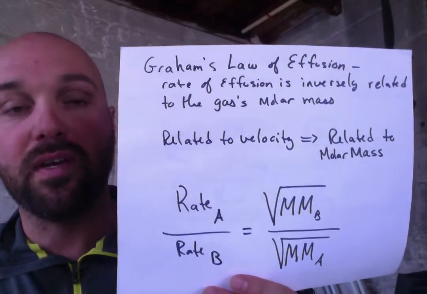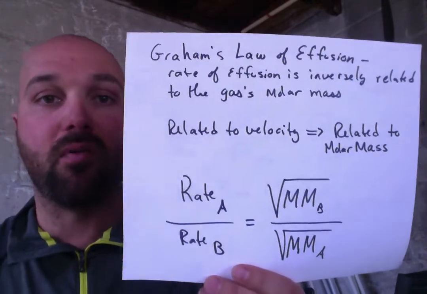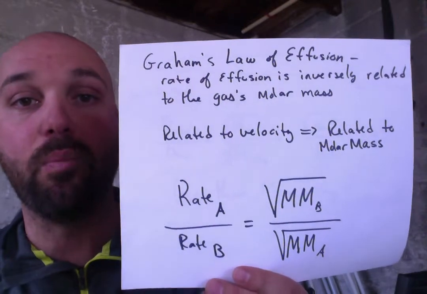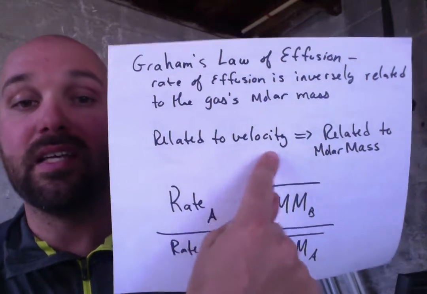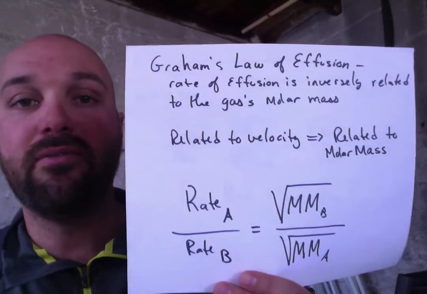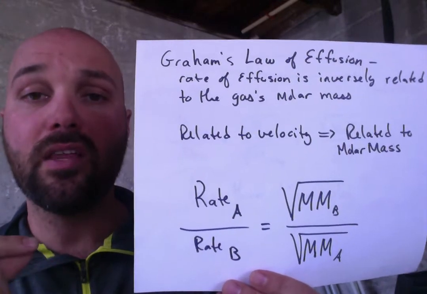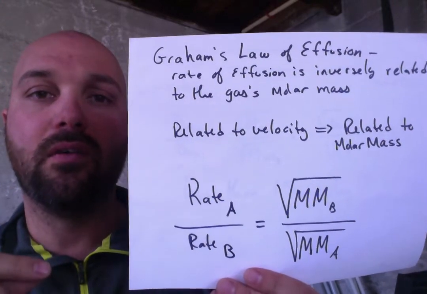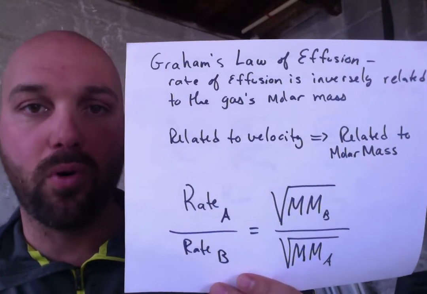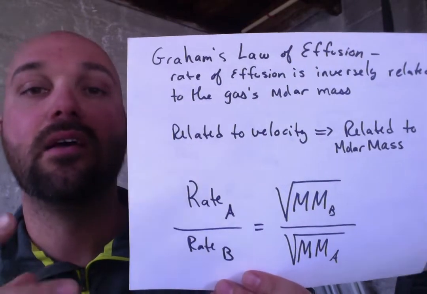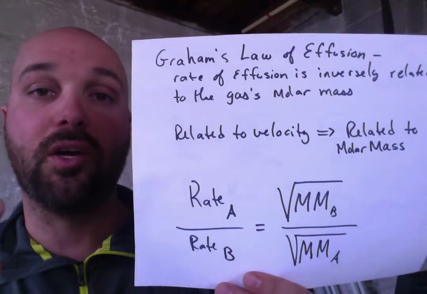The faster it's moving, the more likely it's going to be bouncing around and get to that tiny little opening. Well, velocity is related to mass. So he found that the rate of effusion of a gas is inversely proportional to the molar mass of the gas.